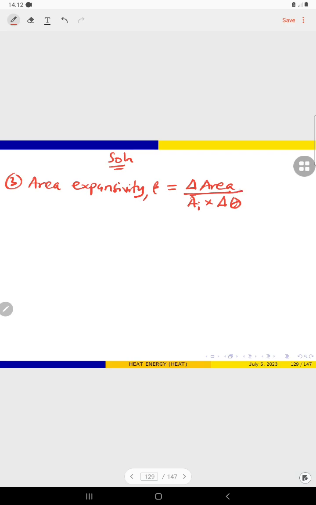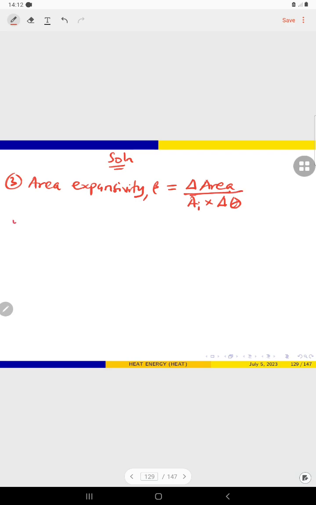So we are on question 3. We know that area expansivity, mathematically, how is it given by? It's given by change in area over original area times change in temperature, all right?